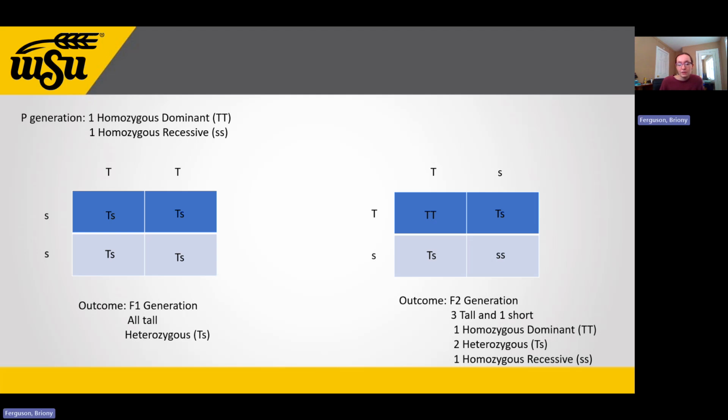Then you're going to have two of these heterozygous. If you follow it down, you've got that T, and then that lowercase s from the side. Whenever you combine these ones going this way, you're going to have homozygous recessive.